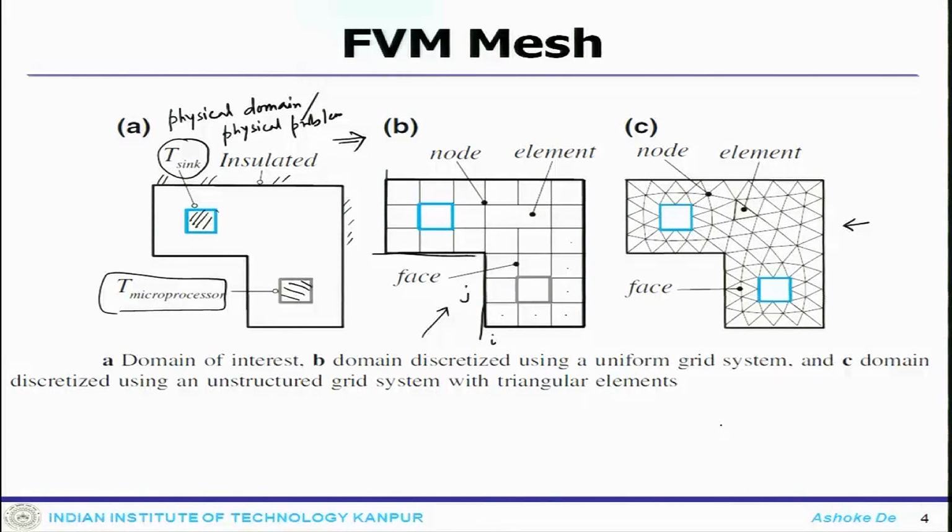Unstructured means they are not regular. There could be triangular elements spread over the domain, and this particular patch is going to be the sink boundary condition, this patch is going to be the source boundary condition, and the other sides are all insulated boundary conditions. So, one can generate a mesh like that.